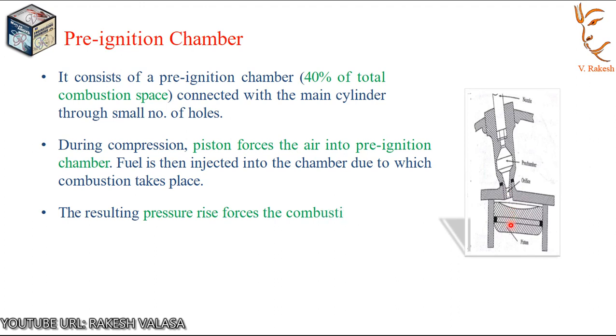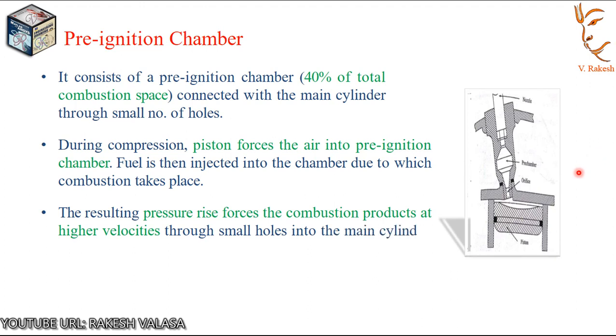Fuel is then injected into the chamber due to which combustion takes place. The resulting pressure rise forces the combustion products at higher velocities through small holes into the main cylinder where the bulk of combustion takes place.